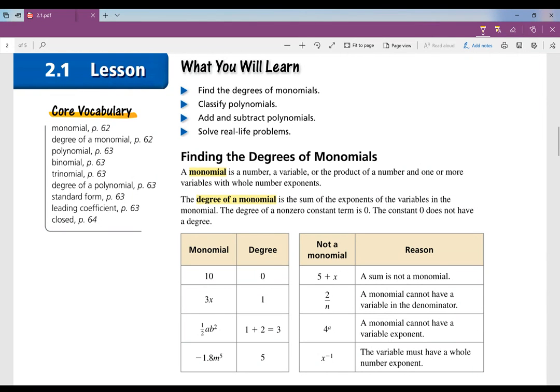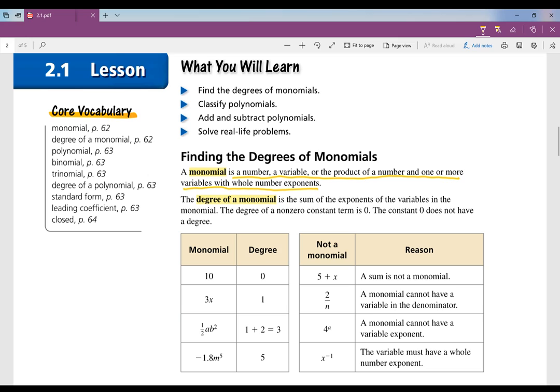Alright, so before we keep talking about adding and subtracting polynomials, really quick we're going to talk about finding the degree of monomials. Now a monomial is a number, a variable, or the product of a number and one or more variables with whole number exponents.